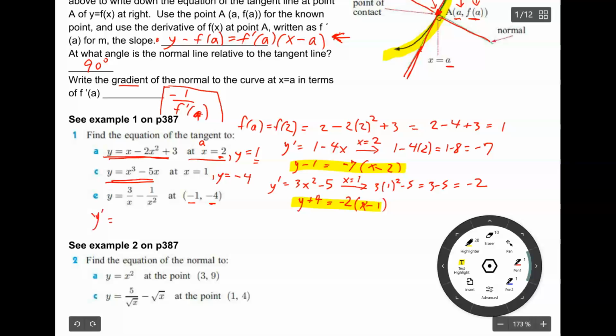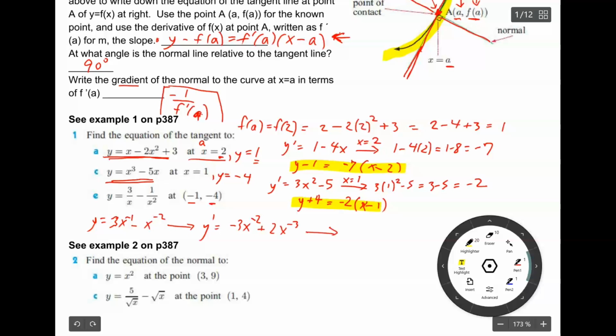Let's first of all just rewrite the function without these fractions. So we'll put 3x to the negative 1 minus x to the negative 2. Now let's take the derivative of that. It's going to be negative 3x to the negative 2 plus 2x to the negative 3.